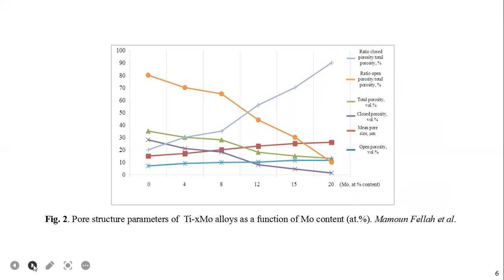But the closed porosity increases as the molybdenum content increases. Titanium 15 molybdenum and titanium 20 molybdenum alloys also had consistent porosity and thicker pore walls, which helped to improve their mechanical characteristics to satisfy the demands of biomedical implants.